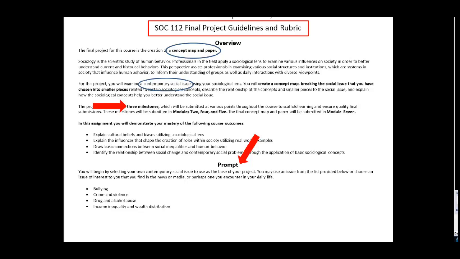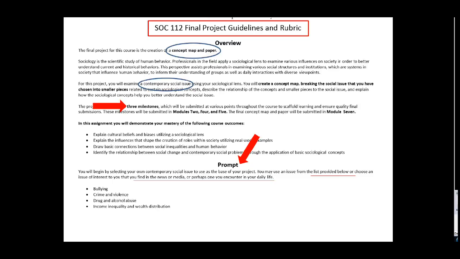Here is what we call the prompt in the final project rubric. Here you will see that it tells you that you can pick from a list provided below, or choose something that is of interest to you in the news or media, or perhaps that you've encountered in your everyday life, right? So there's bullying, crime and violence, drug and alcohol abuse, income inequality, and wealth distribution.